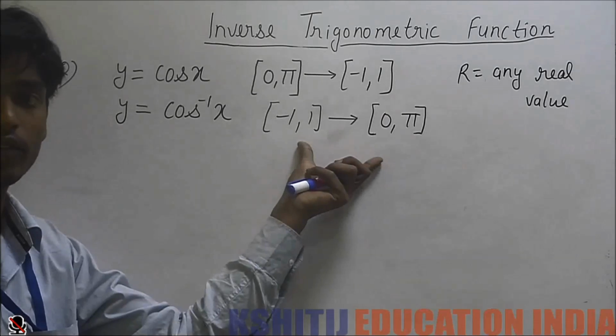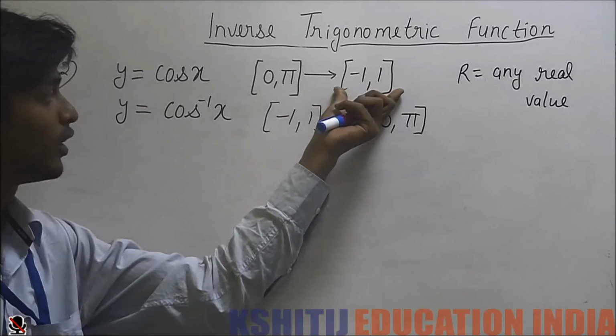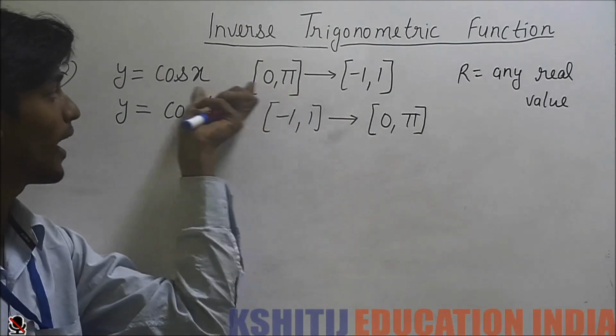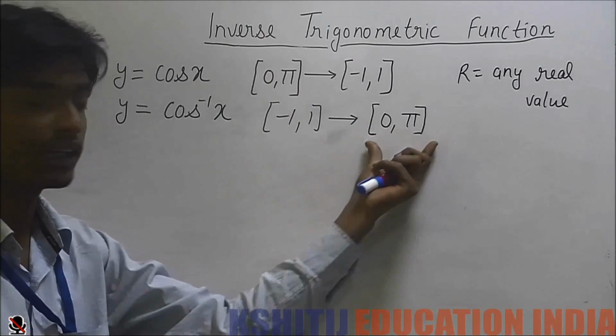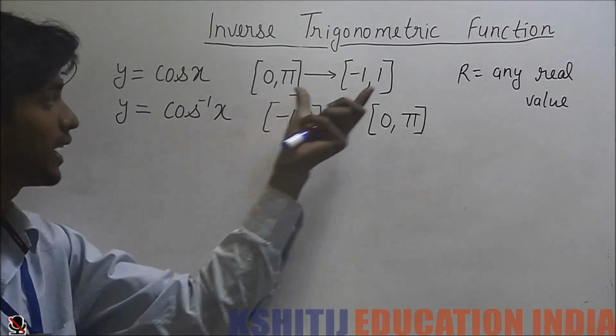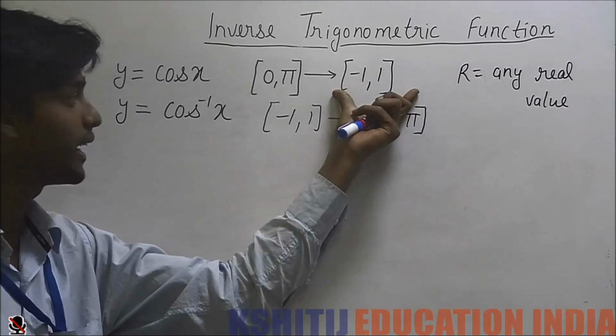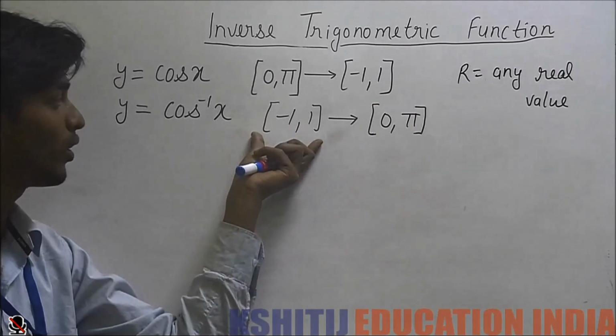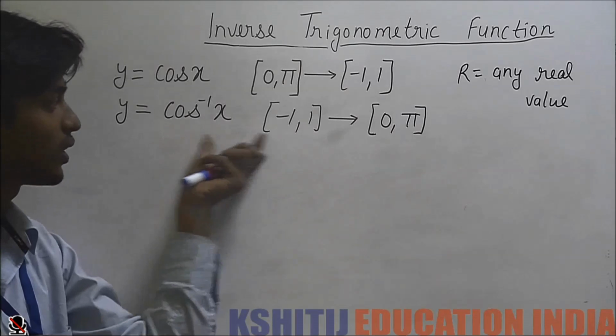We are simply reverting our domain, that is 0, pi of cos x, into the range of the term cos inverse x, and the range of the term cos x will be converted into the domain of the term cos inverse x. Okay, is it clear?